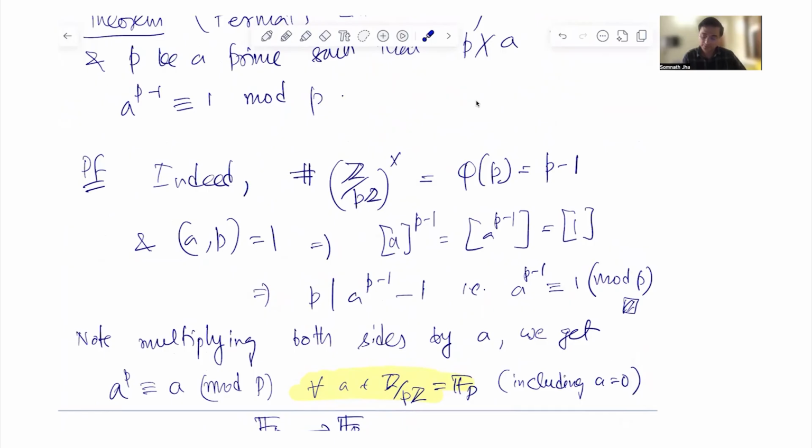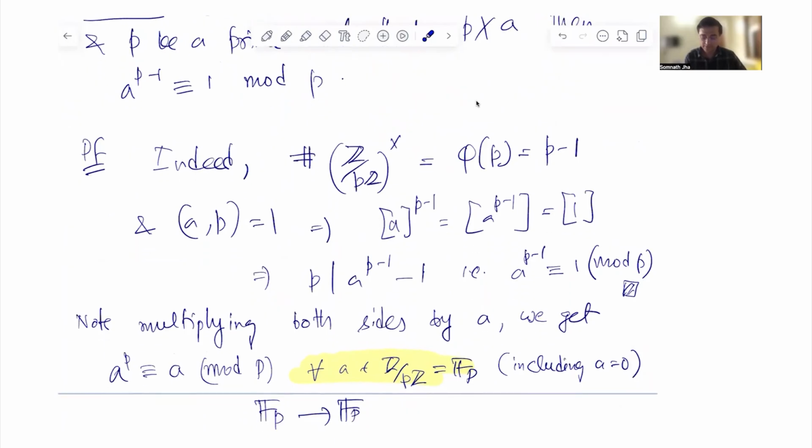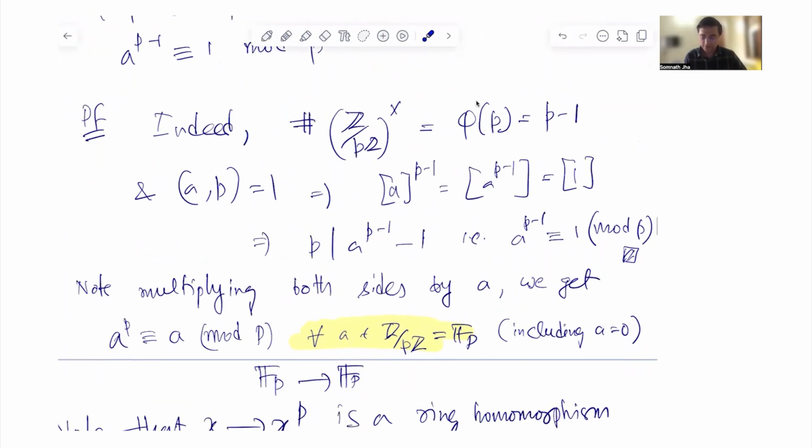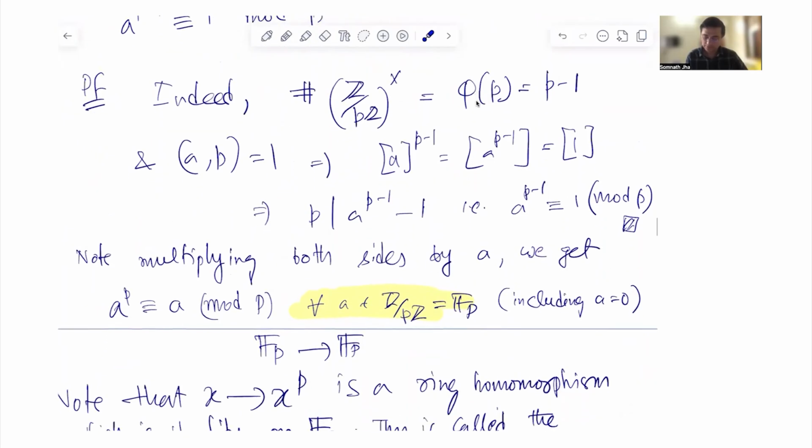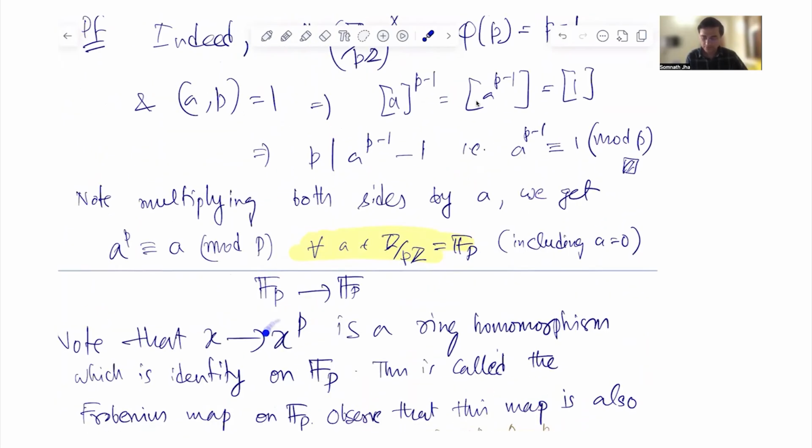So if I look at this equation in F_p, Z mod pZ, we get a to the power p is congruent to a mod p, or a to the power p equals a in Z mod p. So that's what it says, that x going to x to the power p is a ring homomorphism which is the identity on F_p.